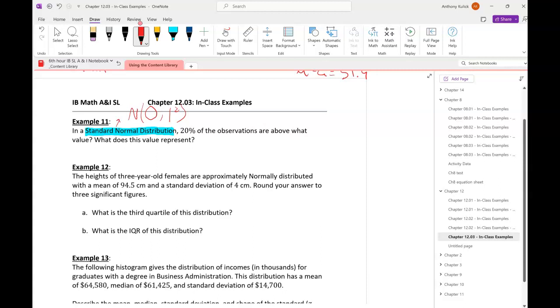It says 20% of observations are above what value? And then what does this value represent?